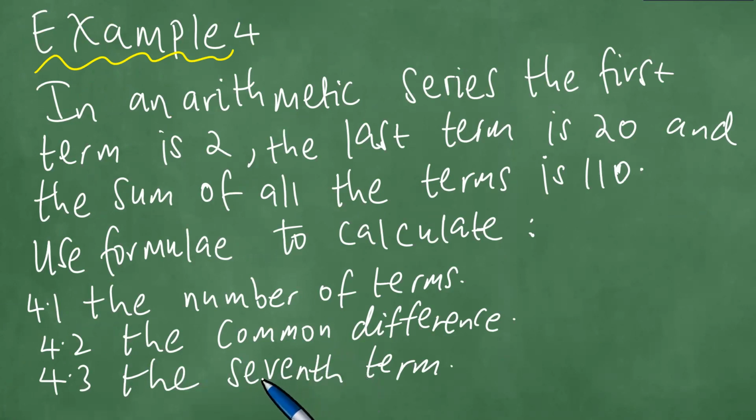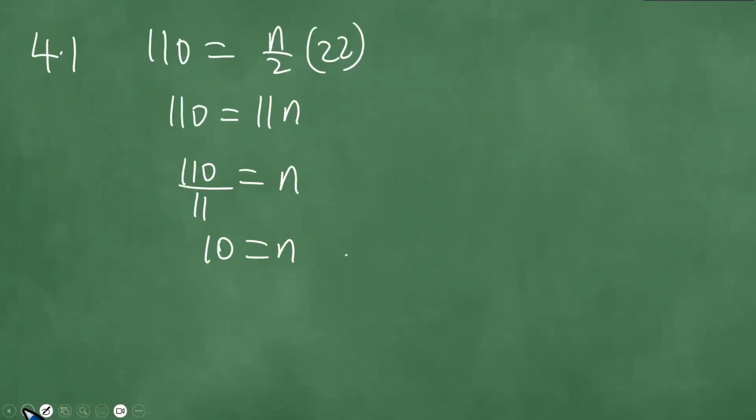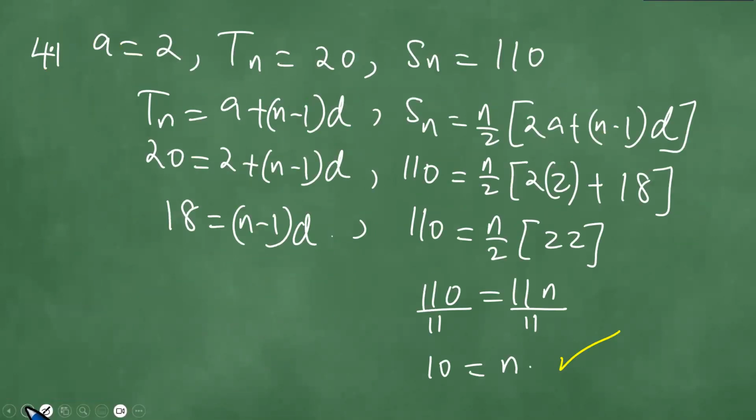What is the common difference? Right, so the common difference is D, so we're looking for D. Any formula that has D can be used. It doesn't matter which one. So you can use this one here.